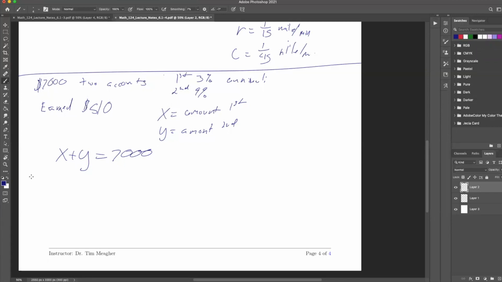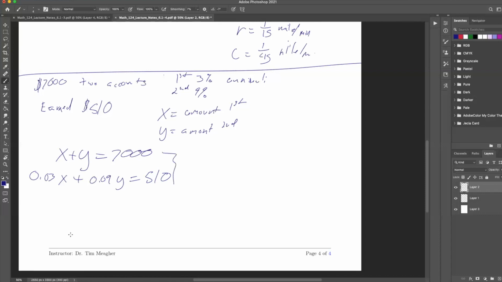The second part is that 0.03 times X is the amount of interest I've earned in the first account, plus 0.09 times Y is the amount of interest I've earned in the second account, depending on how much money I put in. That needs to equal $510, right?